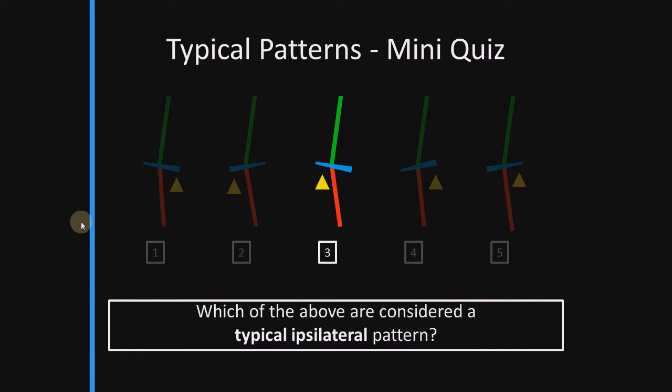And pattern number 5 has the C2 spinous also going to the C1-C2 joint, as well as the atlas being anterior on the side of the ACD, atypical to an ipsilateral pattern. So the correct answer is number 3, where the upper and lower angles are acute on the same side. The C2 spinous has misaligned away from the closed C1-C2 joint, and the atlas is posterior on the side of the ACD.